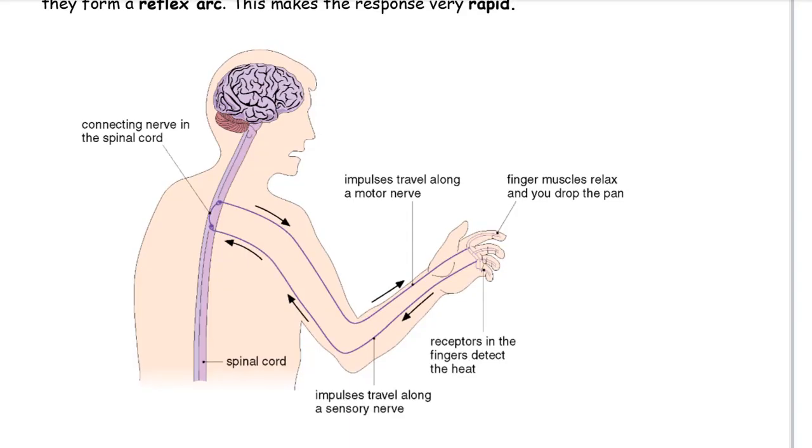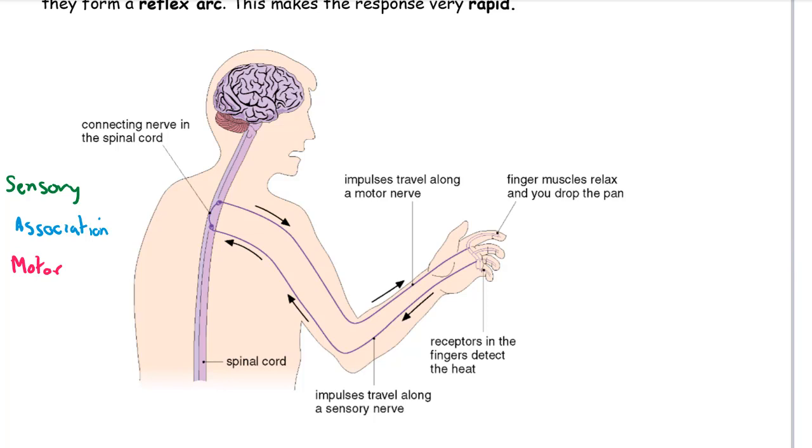Now, just in your notes here, it would be good to just show where each of these neurons is. So we've got a sensory neuron, we've got an association neuron, and we also have a motor neuron.